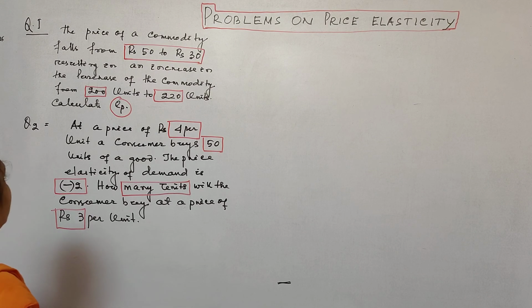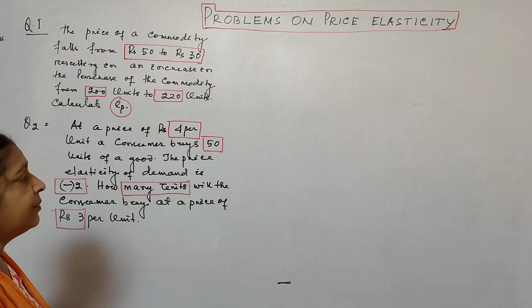This problem tells us: at a price of rupees 4 per unit, a consumer buys 50 units of a good. The price elasticity of demand is 2. How many units will the consumer buy at a price of rupees 3 per unit?